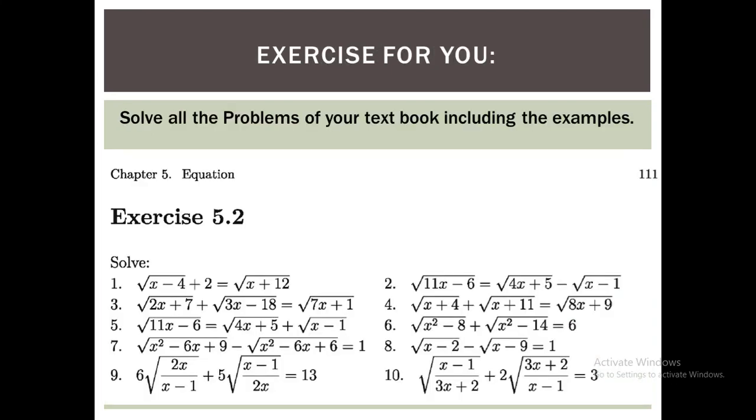Like in exercise 5.2, you will have a bunch of problems, some of which I have solved here, some of which are not solved yet. So I suggest you to solve all the problems from your textbook. Also solve the examples given in the textbook in different methods if it is possible. I think you are waiting to solve these equations by yourself very eagerly.